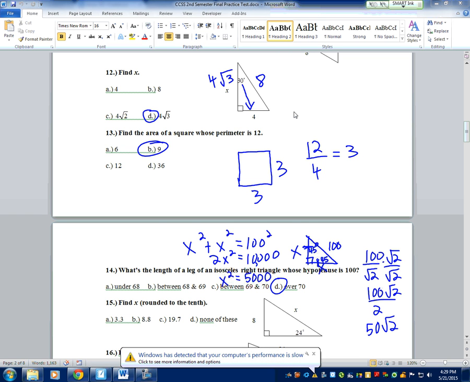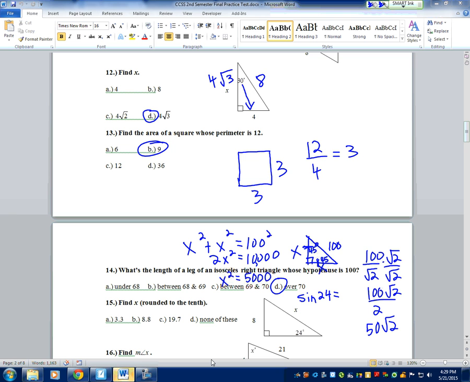So it will be opposite over hypotenuse. So we have a sine of 24 equals opposite 8 over hypotenuse x. So what I'm going to want to do then is maybe cross multiply or use the cross product property to swap these two.